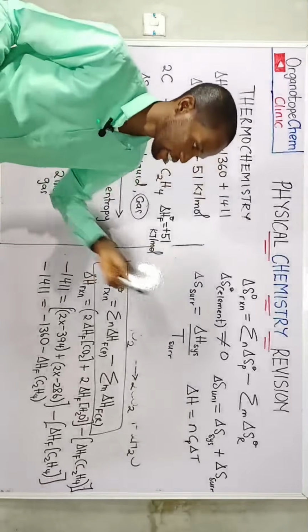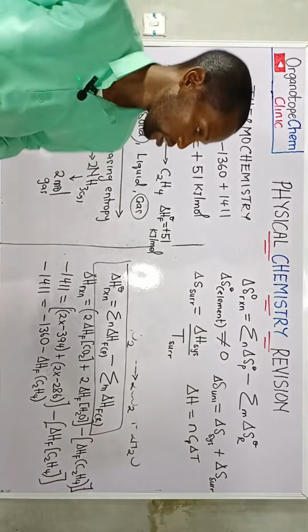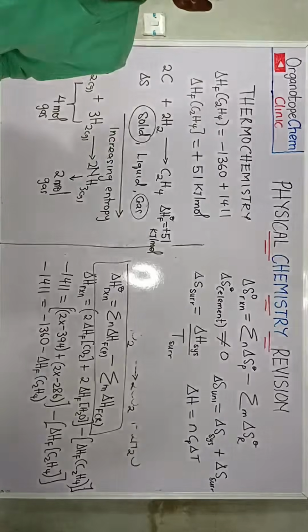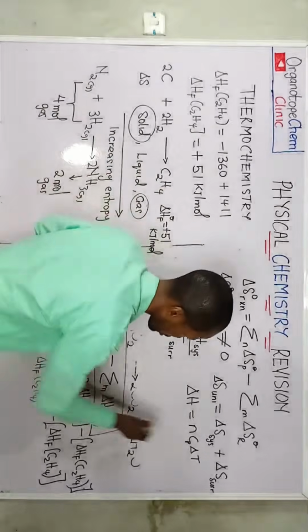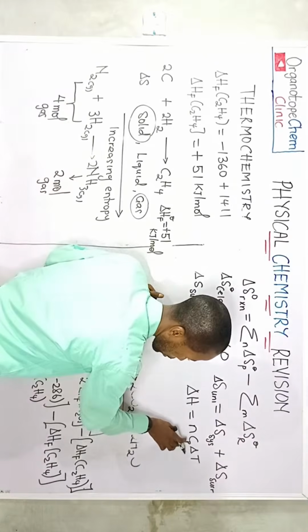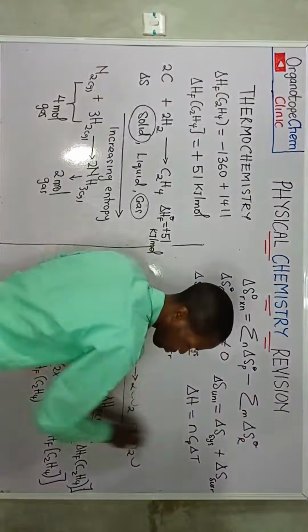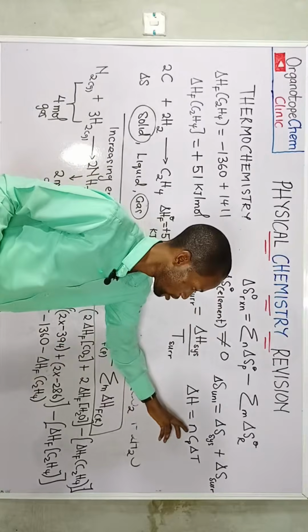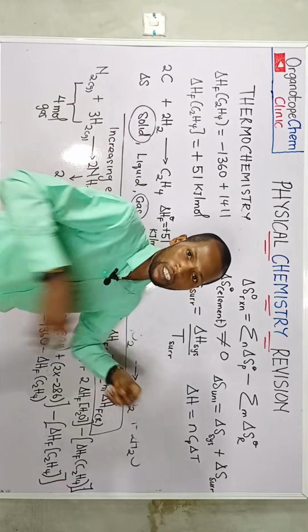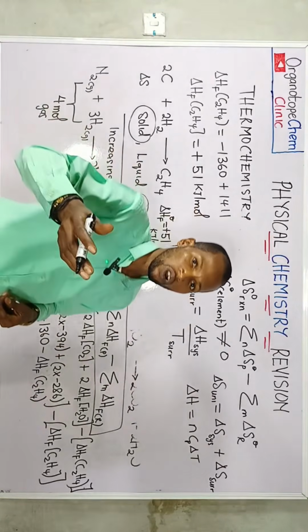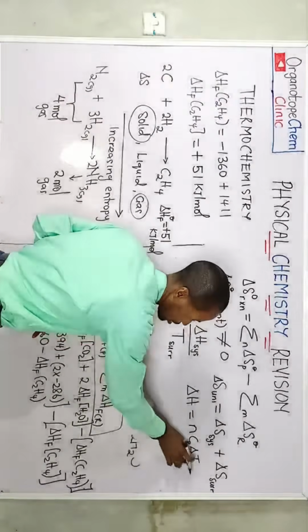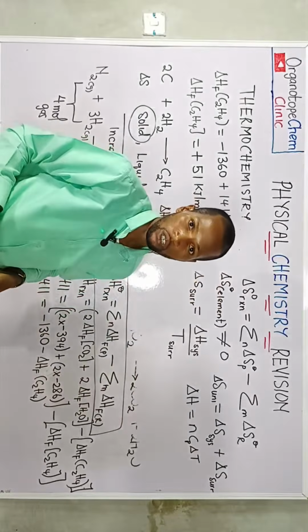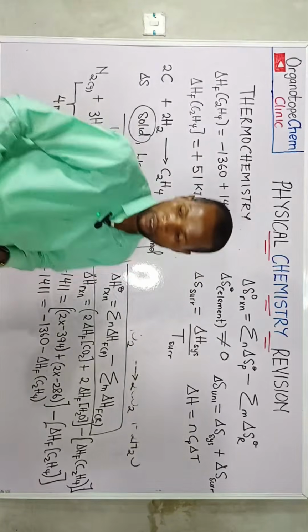So the expression right here has to do with the specific heat capacity. So if you are dealing with water, the specific heat capacity of water will be given. This is the number of mole. You can use the expression from the mole concept, reacting mass over molar mass, to determine number of mole, and this is the change in temperature.